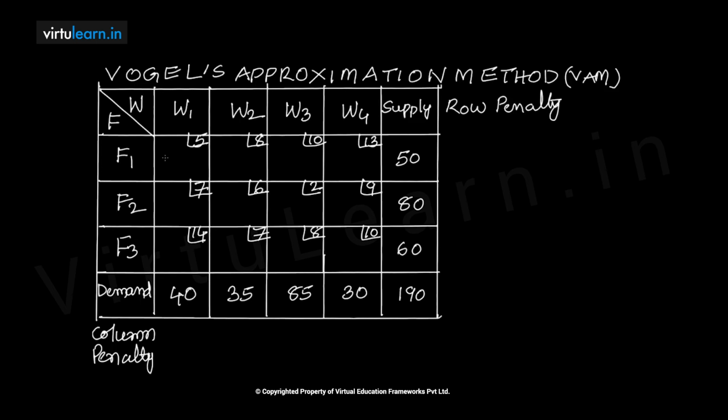First we'll write down the row penalties. In this, 5 is the lowest, next lowest is 8. I'll write 3, the difference. Next row we'll examine, 2 is the lowest, next lowest is 6 in the F2 row. This is 4. Third row we'll examine, 7 is the lowest, 8 is the next lowest, write down 1.